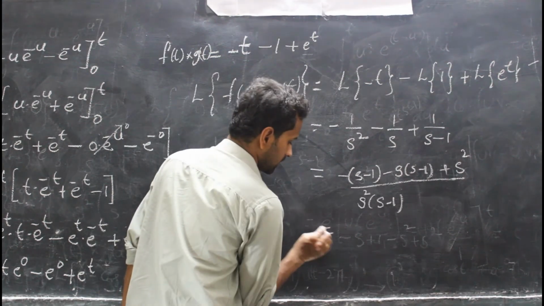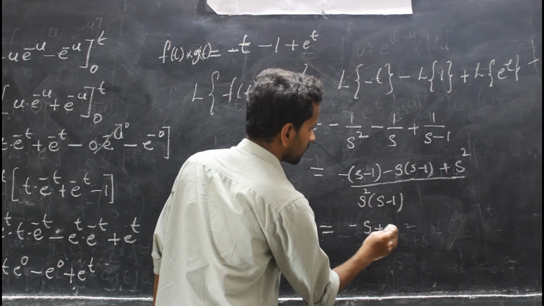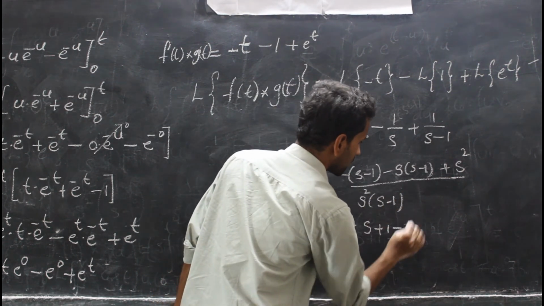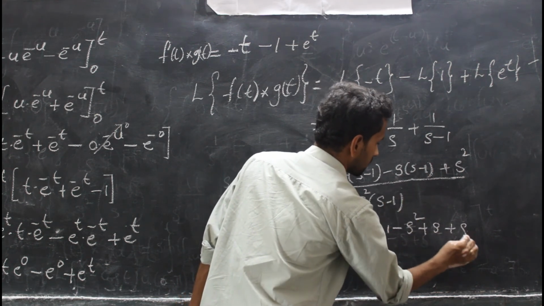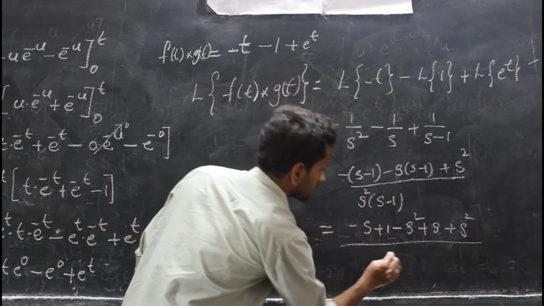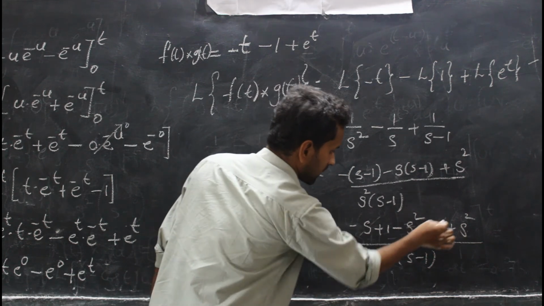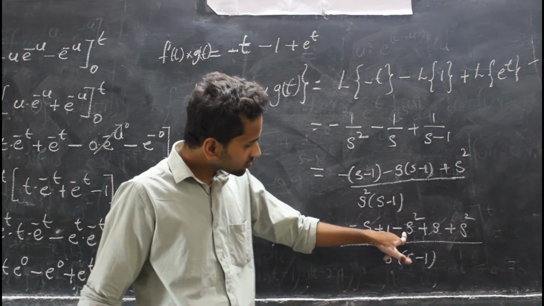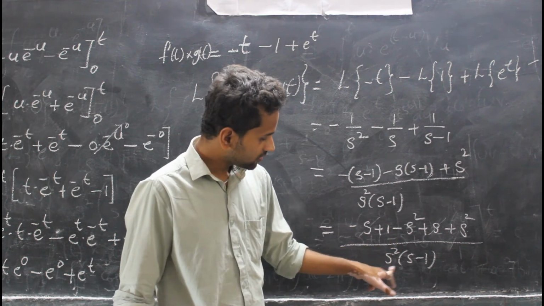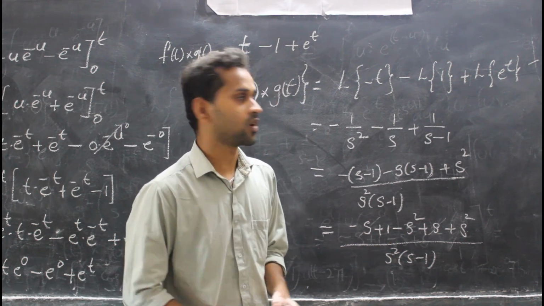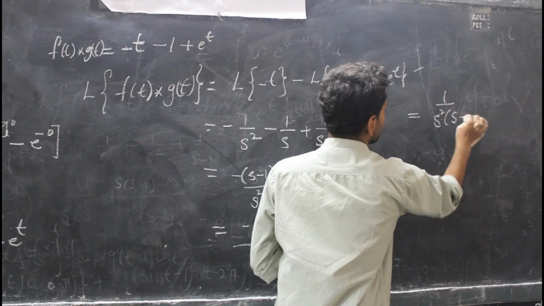On simplification, minus s, minus into minus plus 1, and minus s square, minus into minus plus s square, divided by s square into s minus 1. Now minus s plus s will get cancelled, minus s square plus s square will get cancelled. Finally I will be getting 1 divided by s square into s minus 1.